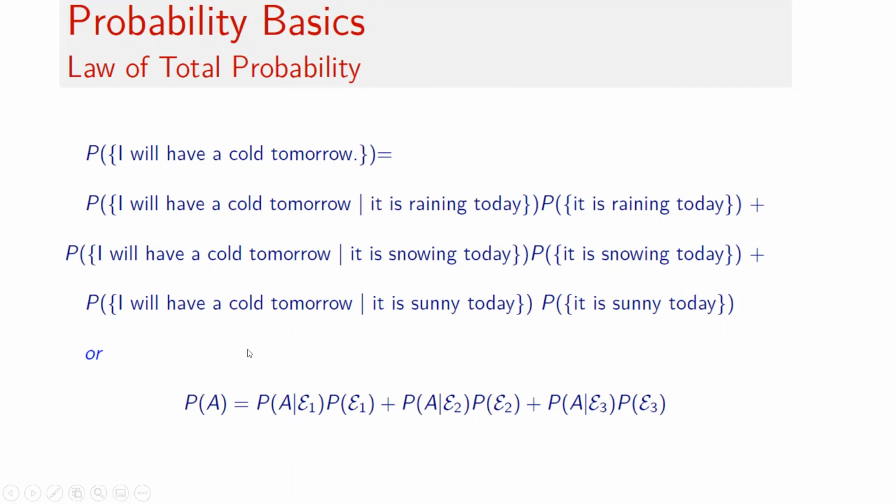Okay, so here we have how we can use the law of total probability. And remember that the total probability of an event is the sum of these three probabilities in this case.